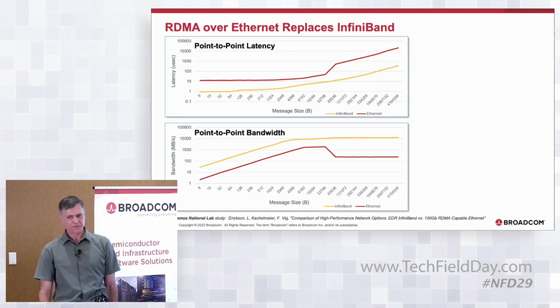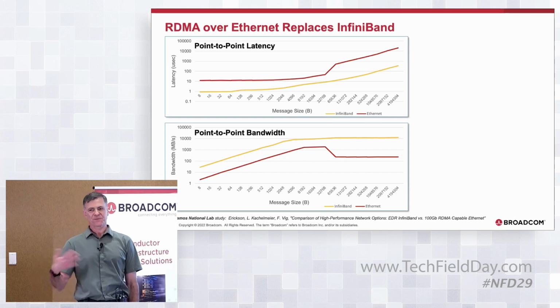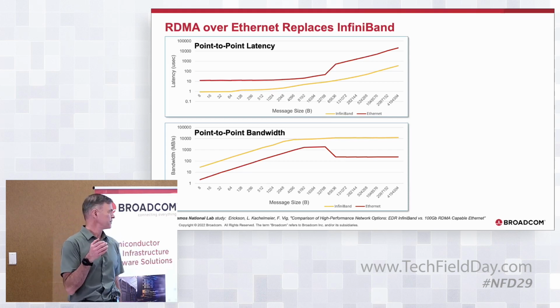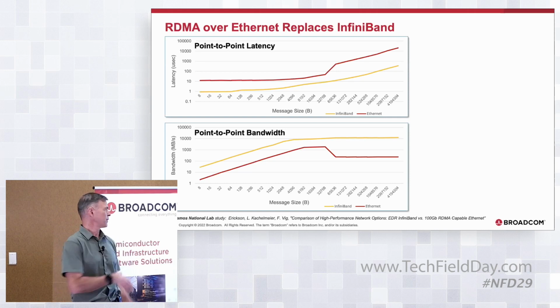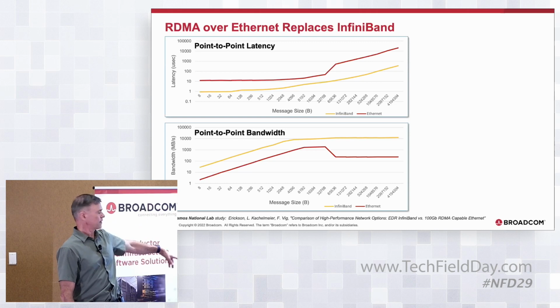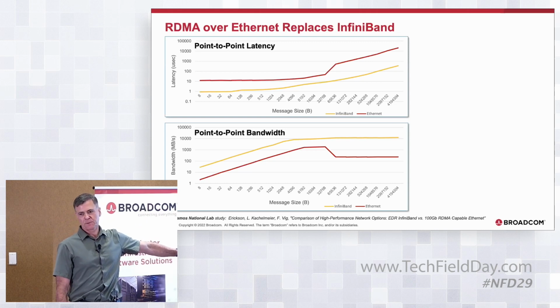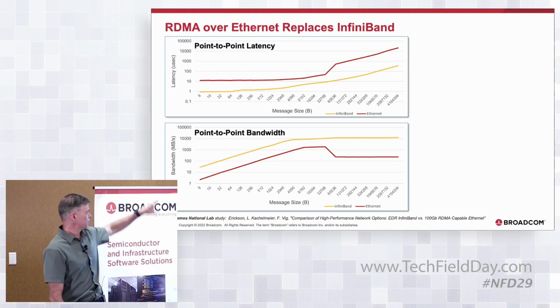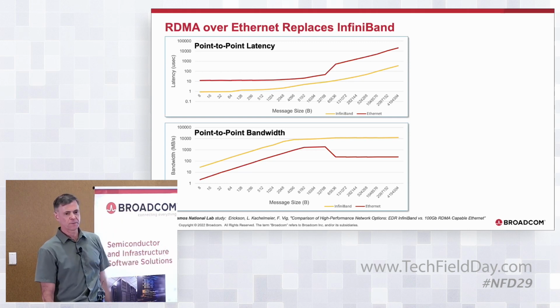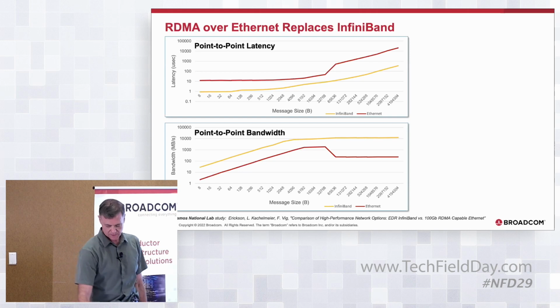Okay, so there is a narrative being pushed by some other folks in the industry that if you were going to use a network for AI ML, you want to use something like InfiniBand or OmniPath. Now, this is a study done by Los Alamos National Lab, where they compared native Ethernet versus InfiniBand, and as far as latency and bandwidth, there were some advantages.